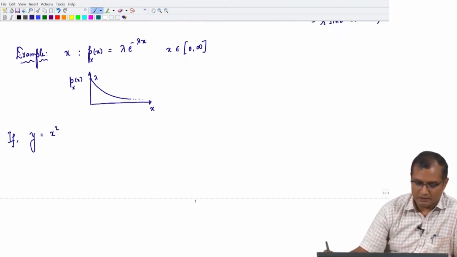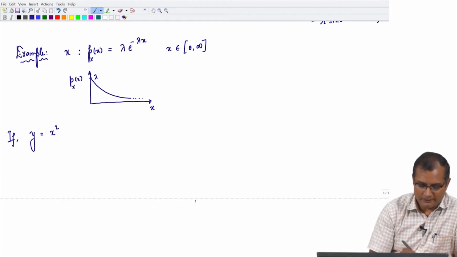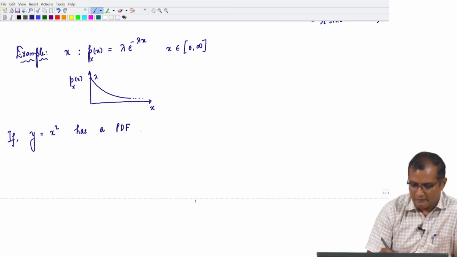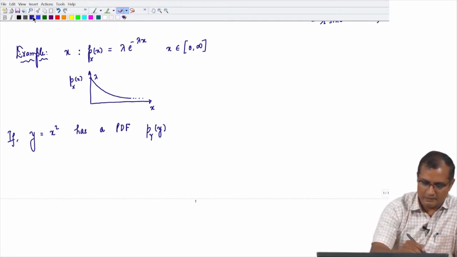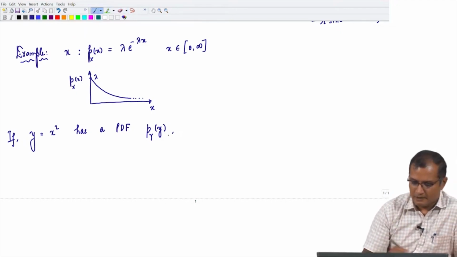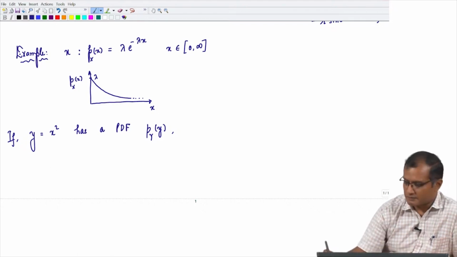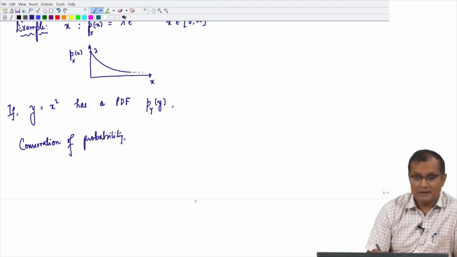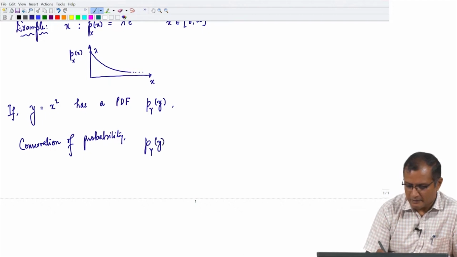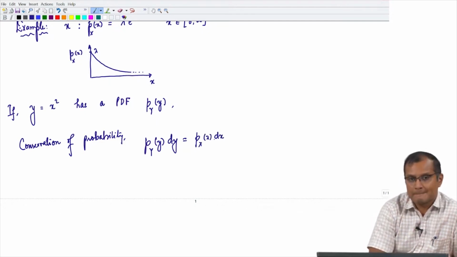So, you can compute this PDF, which is basically, we will say that if y has a PDF p of y, then I can simply say that by conservation of probability, p of y dy is equal to p of x dx.